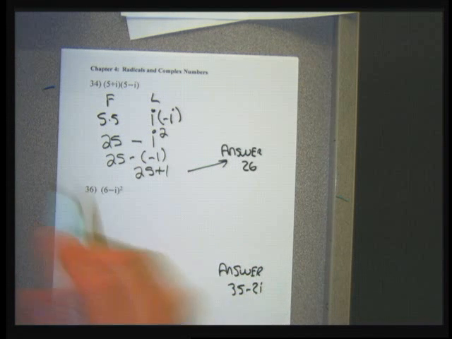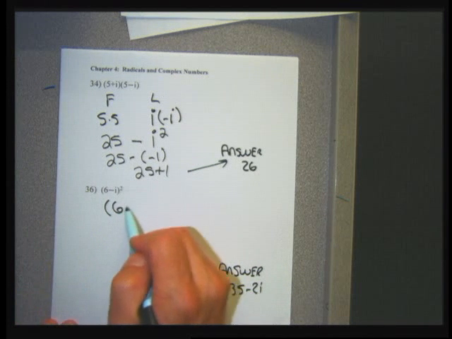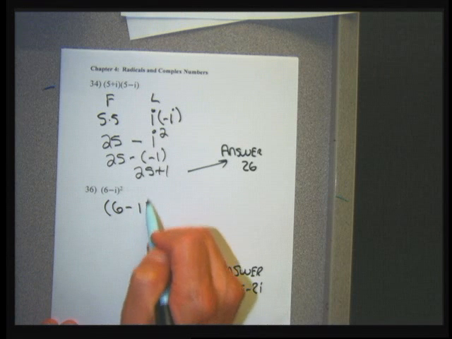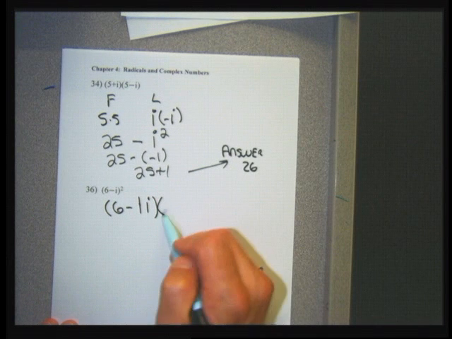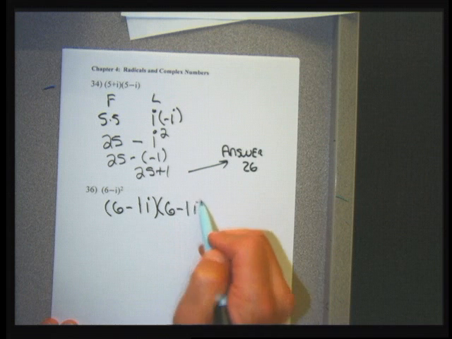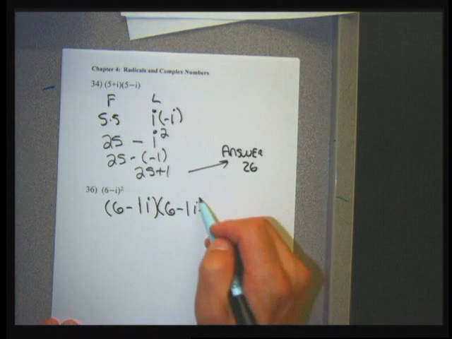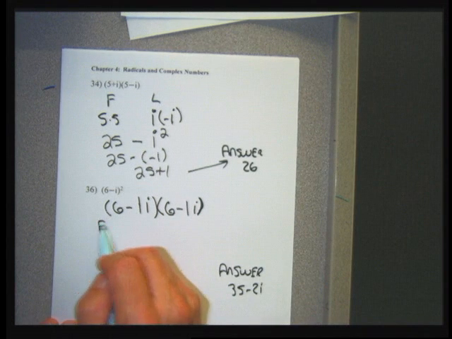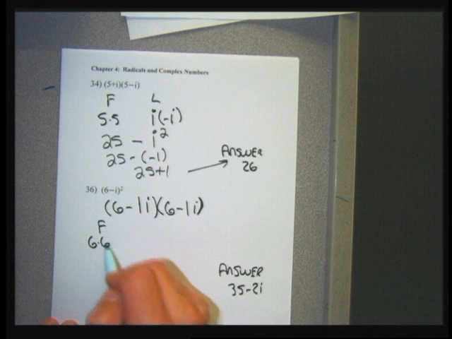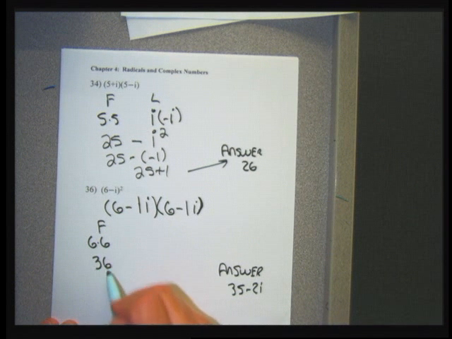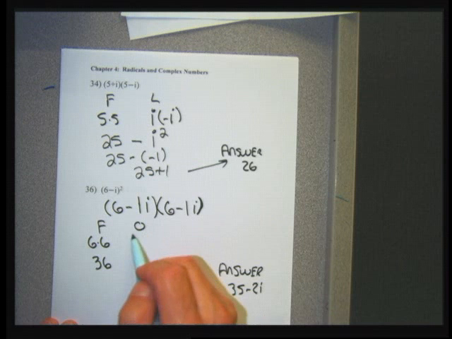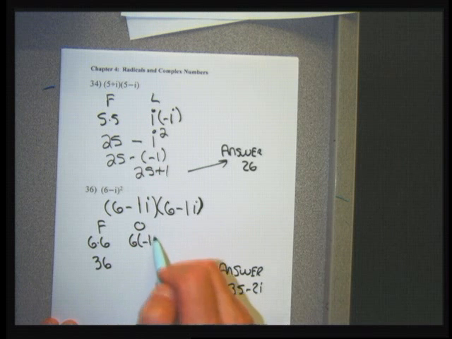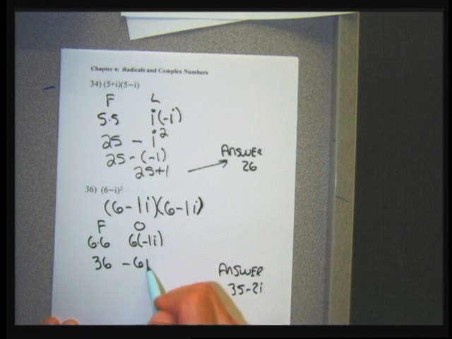For 36 by hand, I have to rewrite this as 6 minus, I'll say 1i, times 6 minus 1i, so I'm writing it without the exponent, which means double multiplication. I'll do the firsts, which are 6 times 6. The outers are 6 times minus 1i, which is a minus 6i.